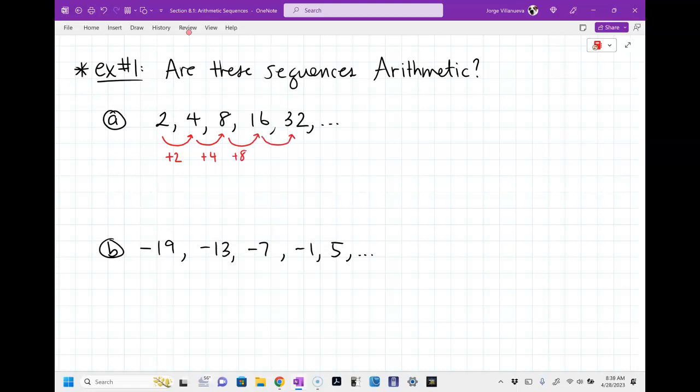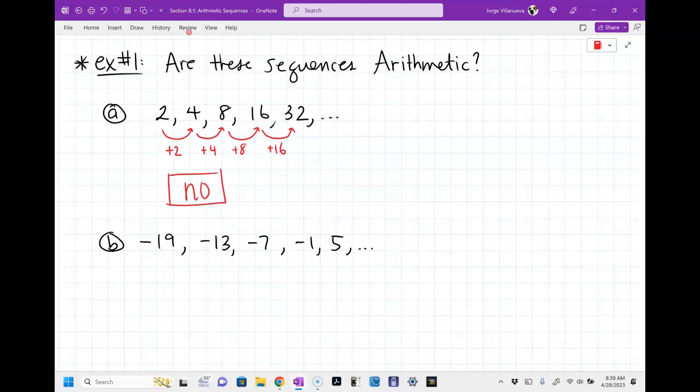Is it always adding the same number? No, it's adding 2, then a 4, then an 8, then a 16. So that's not an arithmetic sequence. An arithmetic sequence should be like plus 2, plus 2, plus 2, plus 2, or plus 8, plus 8, plus 8, or minus 7, minus 7, minus 7, right? Always the same number. So this is going to be no.